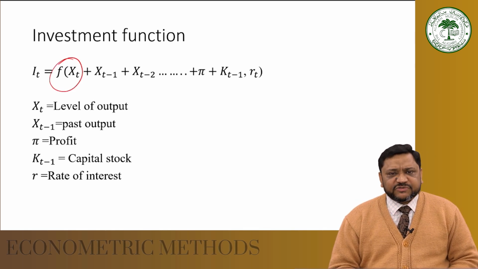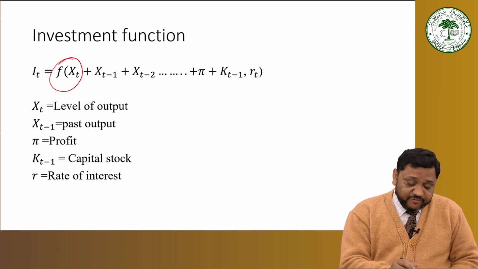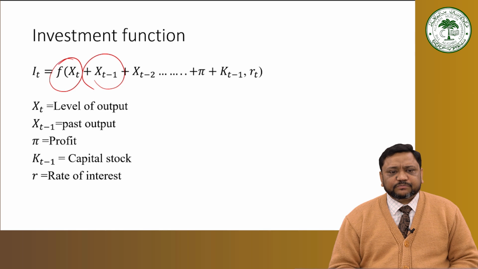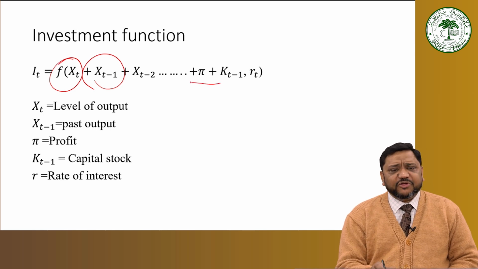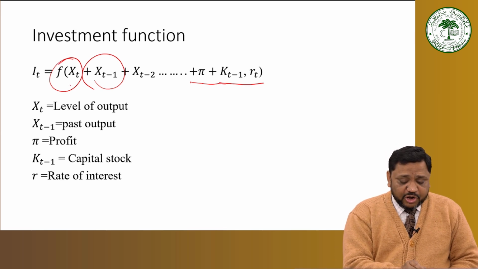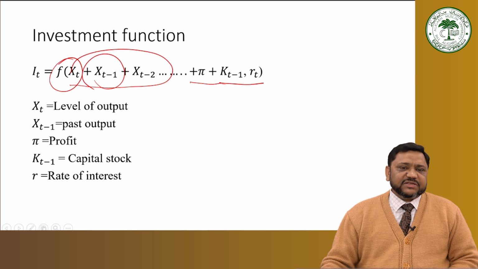Today's investment is a function of today's output, but along with that, it is also a function of past output. Plus, you have profit, capital stock, rate of interest, agreed. But what we should incorporate over here is that past output also has an impact on the investment for today.